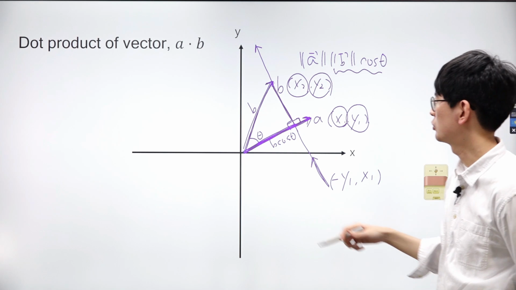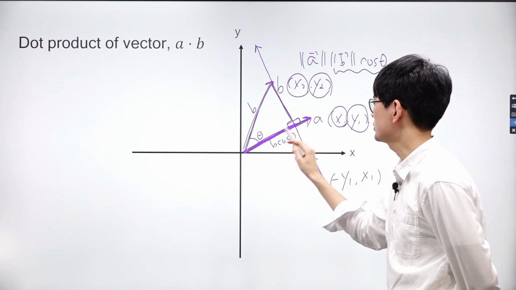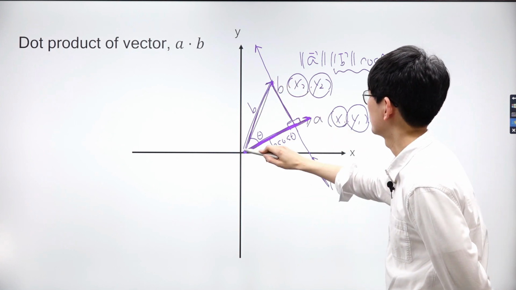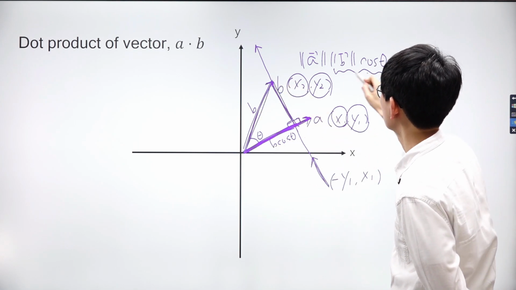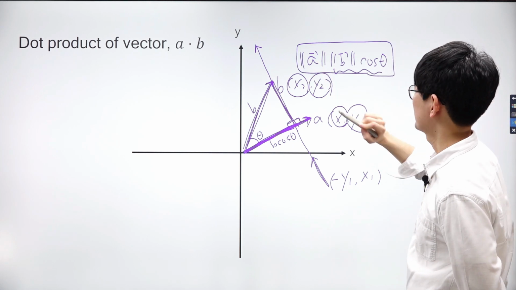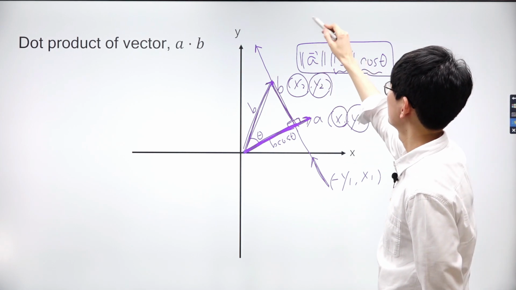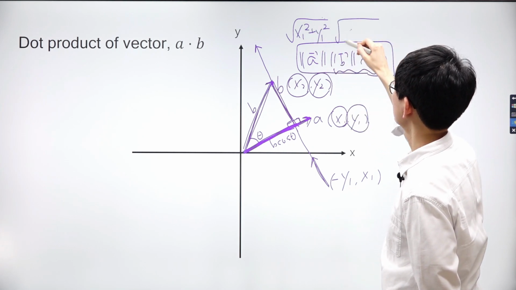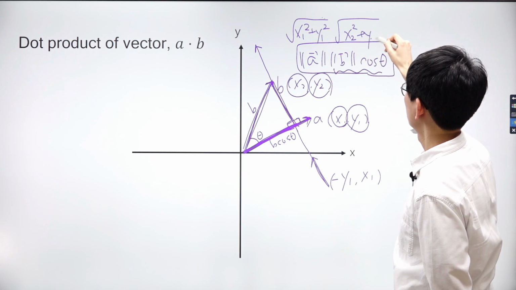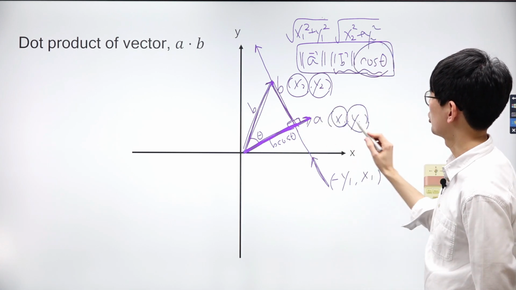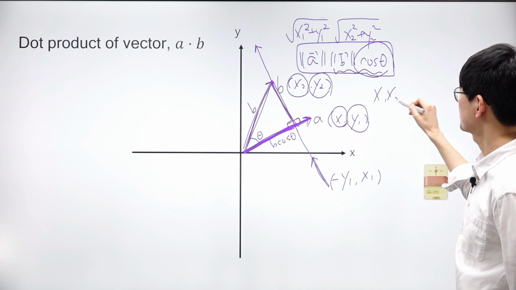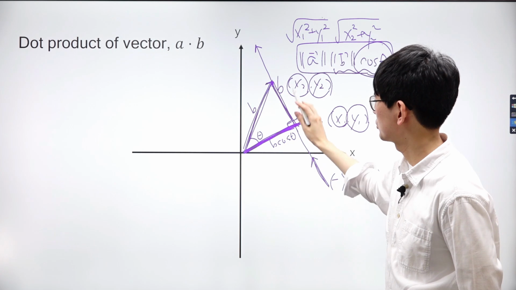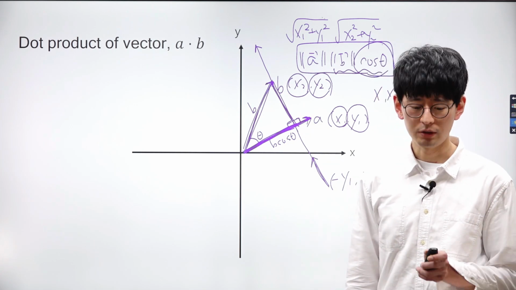When summing the products of their corresponding elements, the perpendicular components are eliminated, leaving only the parallel components. You can find the length of vector A by taking the square root of the sum of the squares of its elements x1 and y1. Similarly, you can find the length of vector B. If you calculate the product of the length of vector A and B and cosine theta, you will eventually arrive at the same value obtained by summing the products of their corresponding elements.